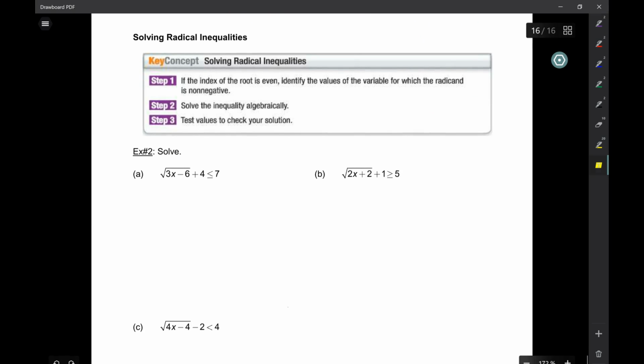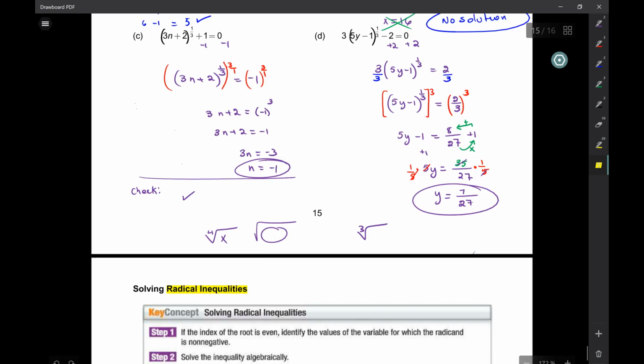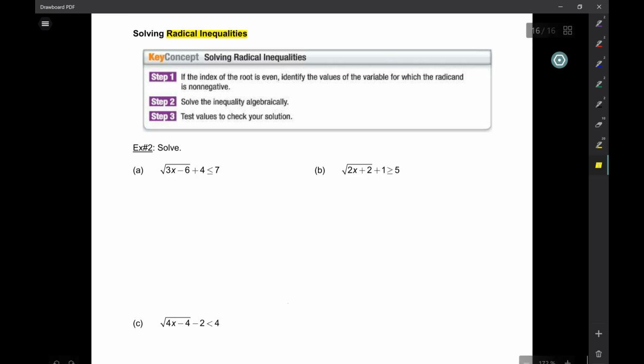Now, let's move on to radical inequalities. So what I was saying is, take a look at what's different here. Instead of the equal sign, you have an inequality. We're going to solve it the same way, except there is one thing that we're going to add.